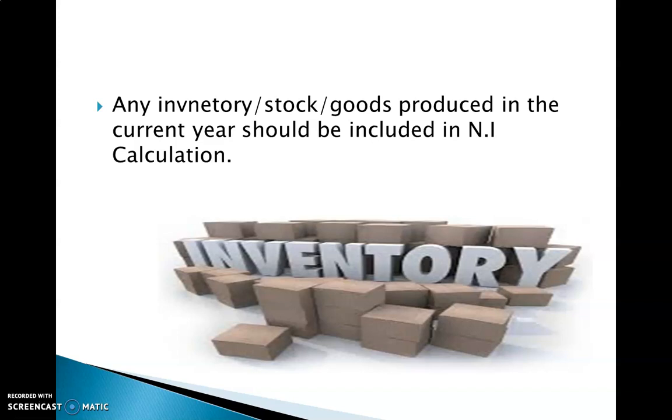The national income will be calculated with the value of the car plus the cost of 50 tires. Though the tire is not a final product, it was still produced in the year, so it has to be added. Though the tire is an intermediate product, it should be taken into consideration for national income calculation.